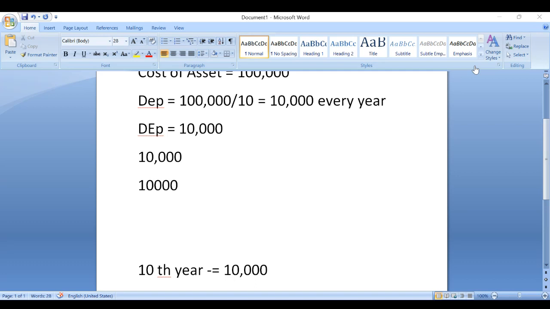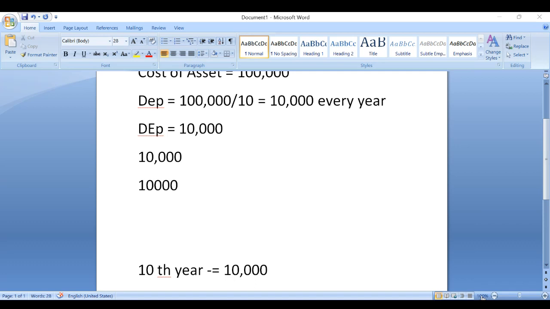Okay, is the screen not visible to you? I have deliberately wanted to open the Word document because I wanted to show you the example.